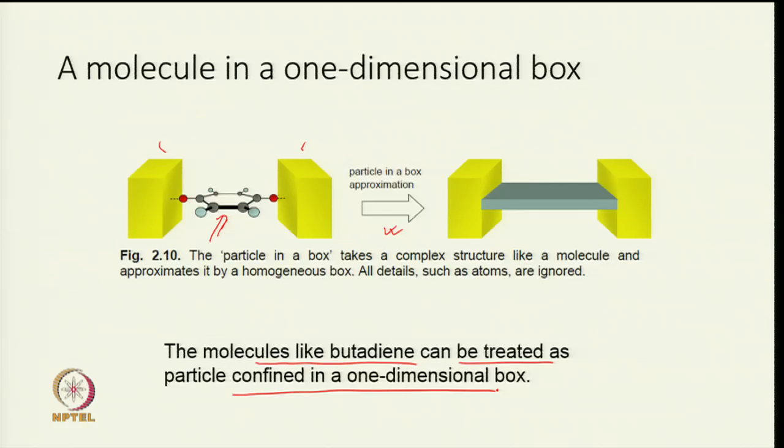You can also think of hexatriene. When we apply the Schrodinger equation for a particle in a one dimensional box, we can get the energy of a butadiene kind of system.